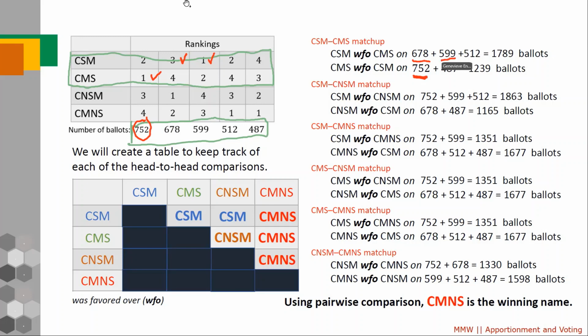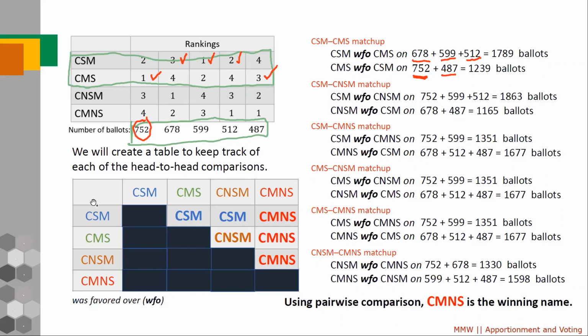Next, in this one, who wins between the two? CSM. So the 512 goes to CSM. Next, the last one, who wins the 487? CMS. So the 487 goes to CMS. So out of a total of 1,789 ballots, how many does CMS have? 1,239. So between CSM and CMS, who wins?